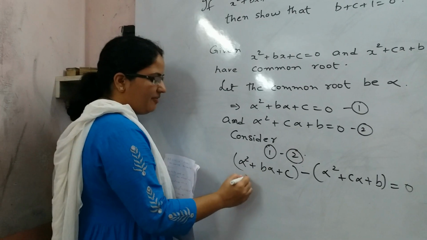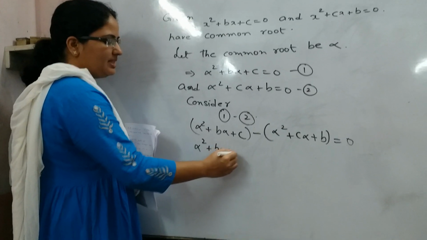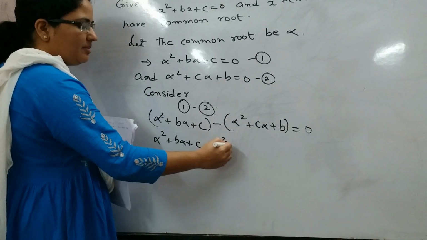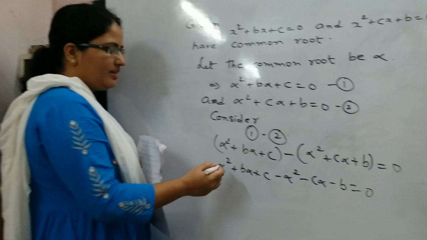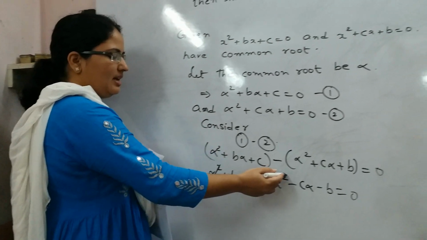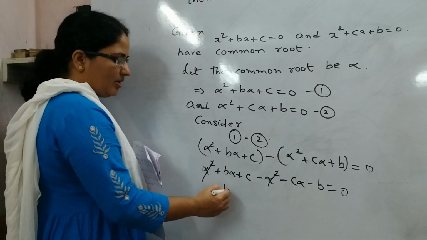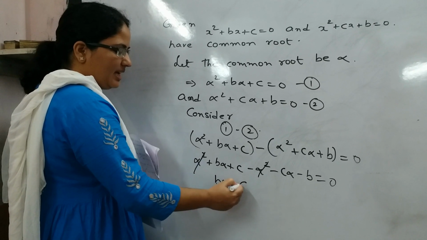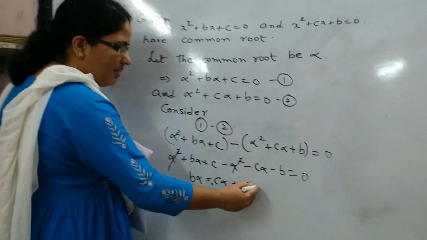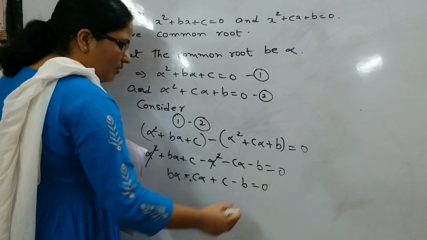Now, alpha square plus b alpha plus c minus alpha square minus c alpha minus b is equal to 0. Here we can cancel alpha square and alpha square. What are we left with? b alpha minus c alpha plus c minus b is equal to 0.